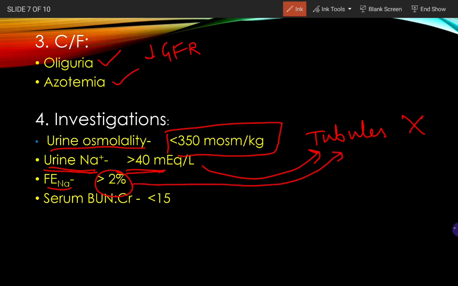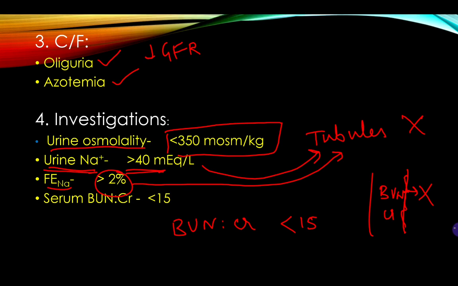Your serum BUN to creatinine ratio will be less than 15, because your tubule has lost the capacity to reabsorb BUN, and hence your serum BUN relatively decreases. So the ratio will be less than normal.